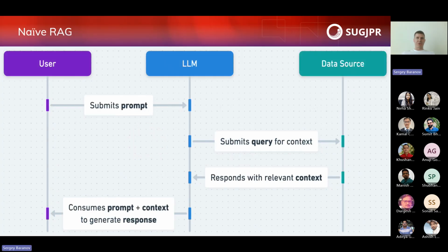The operation logic of naive RAG is still quite simple. A user submits a request to the LLM. The LLM forwards this user question to the data source and gets some relevant information related to the user query. Next, the LLM adds this relevant information to the user's question and generates an answer.